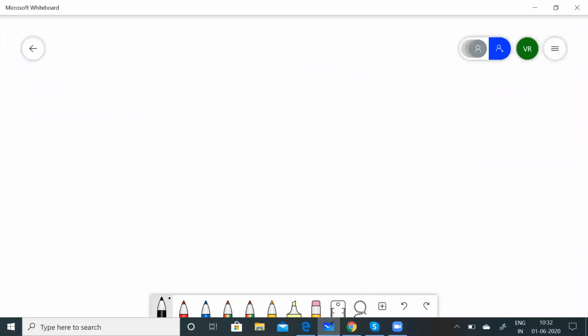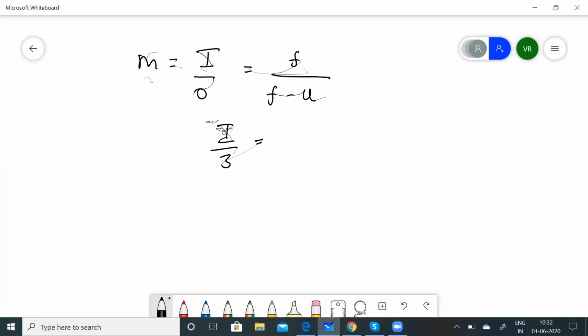Let's quickly solve this. Now you all know that m is equal to I by O, that is image distance by object distance, which is nothing but f by f minus u, where f is the focal length and u is the object distance. So from this we get I by 3 is equal to minus f, since it is going to be a concave mirror, we are taking it as negative.